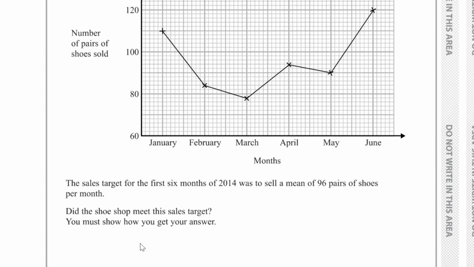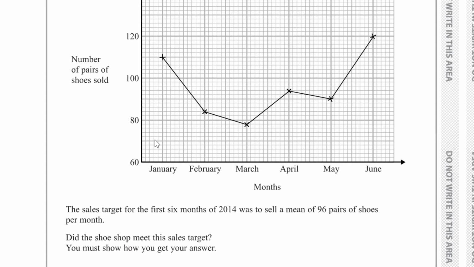So we need to find the mean, and you can see here that there's 1, 2, 3, 4, 5, 6 months. We can find the total pairs of shoes by finding out the total from January, February, March, April, May, June, adding them together, and the mean is found by the total divided by the number of months, 6.